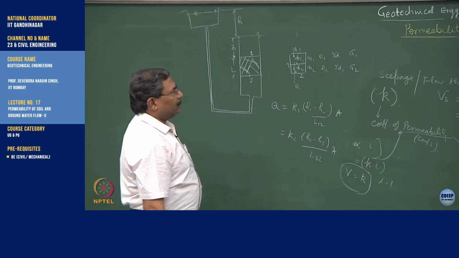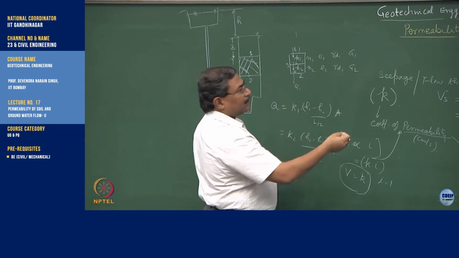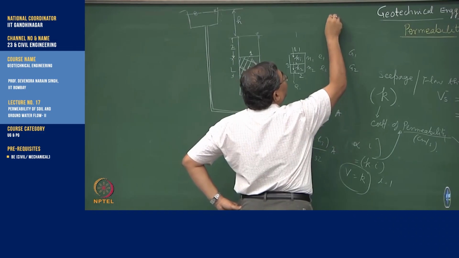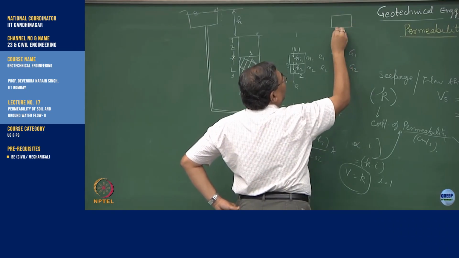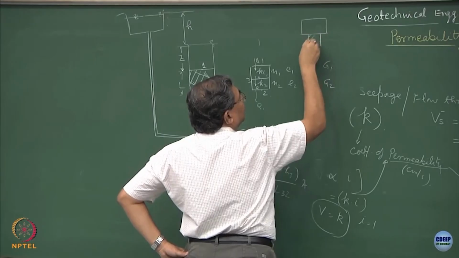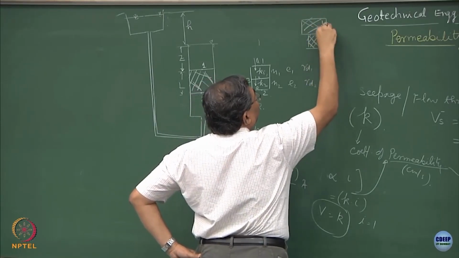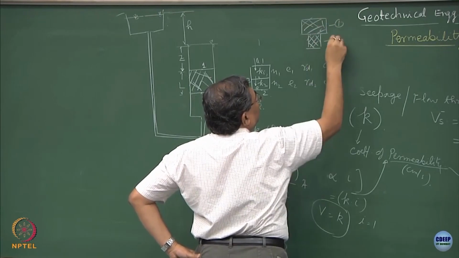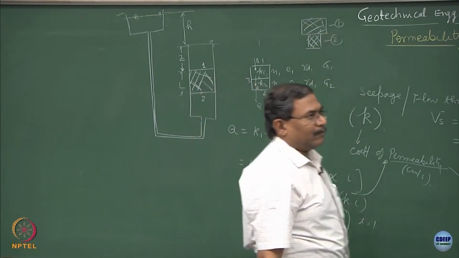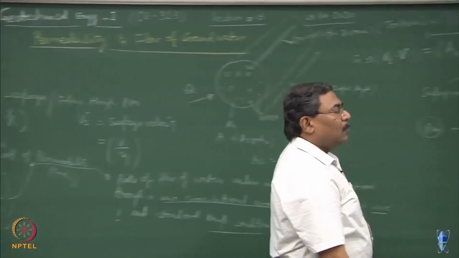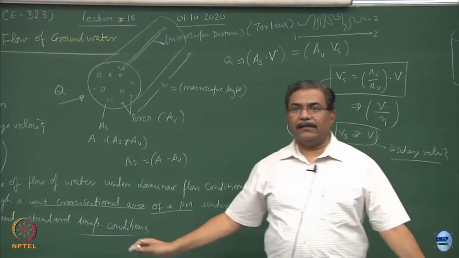Another manipulation I can do is reduce the area of cross sections. So, I can create a sample like this, the first layer, and then the second sample sitting like this. So, this is your first sample, this is your second sample, or a multi-layered sample, whatever. Is the concept clear?